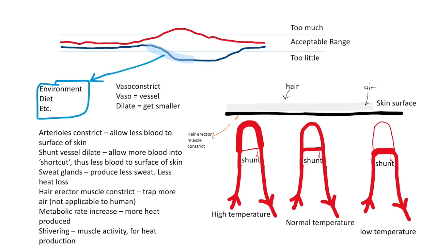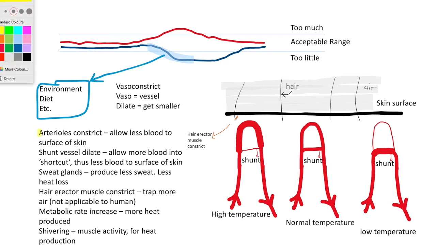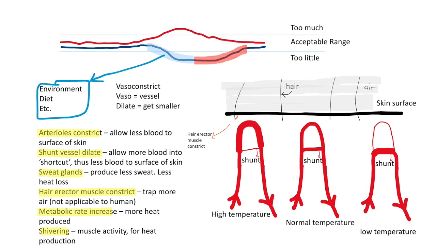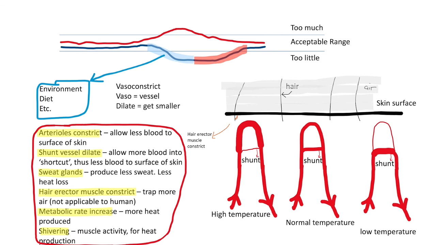This restricts the amount of blood going to the surface of the skin, therefore conserving more body heat. Sweat glands produce less sweat. Hair erector muscles will contract, so the hair on the surface of the skin will be more upright, trapping more air, and air will help insulate more heat to the body as it is a poor conductor of heat. Metabolic rate increases to generate more heat, and shivering also if required. All these actions help to return the blood temperature back to the normal range.